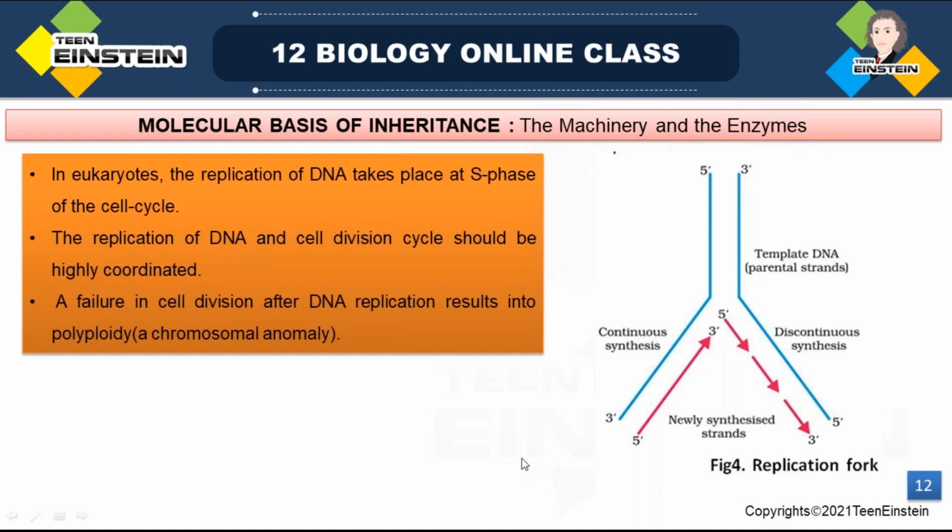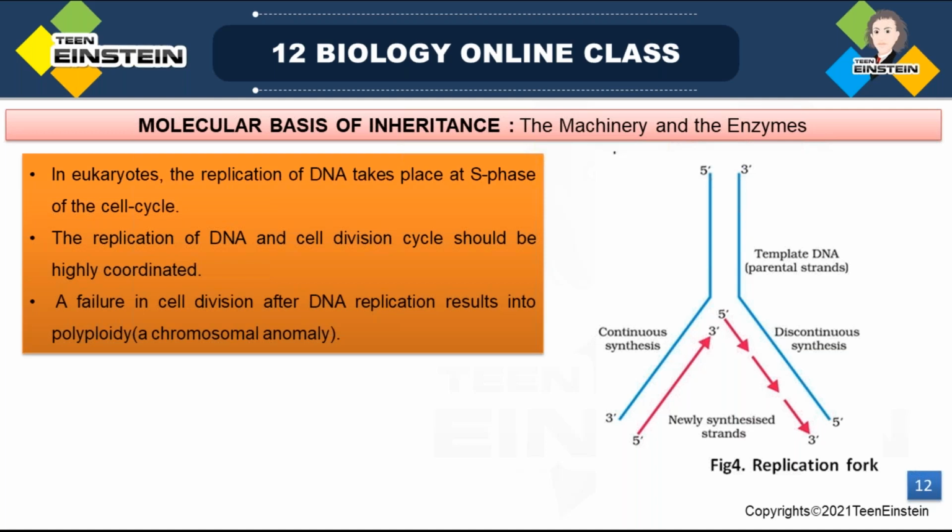Sometimes a failure of cell division after the DNA replication will result in polyploidy. What is polyploidy? That is a chromosomal anomaly. Sometimes the cell division may fail, and the cell may not get divided.